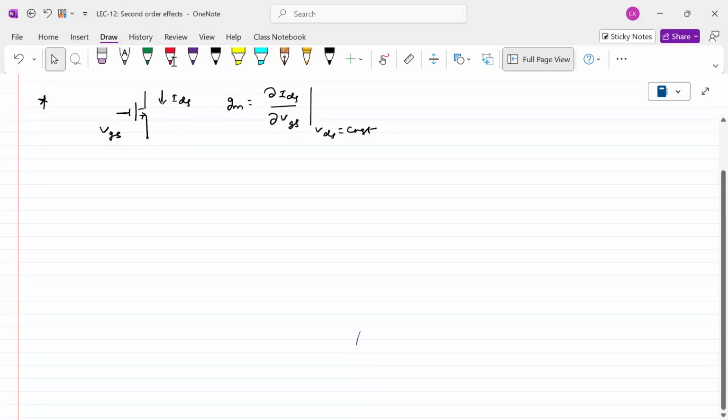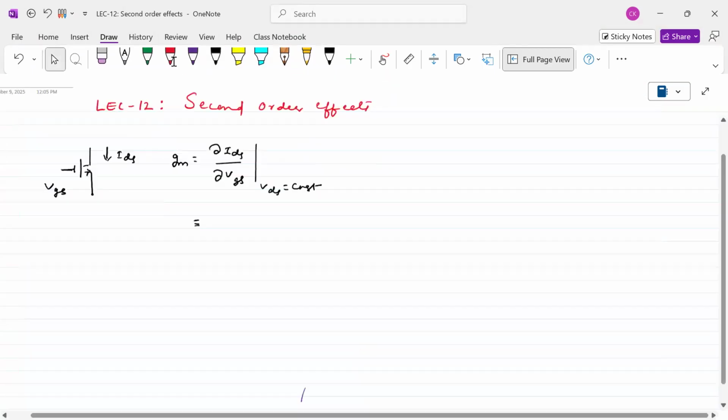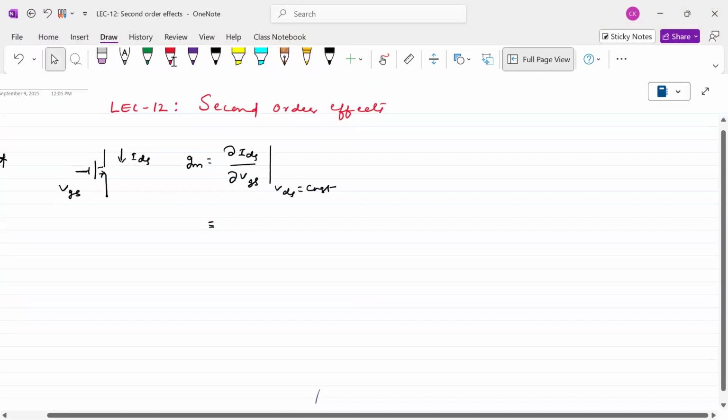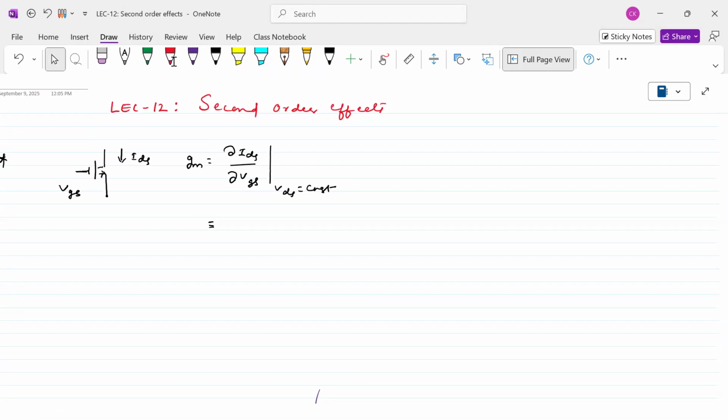So what is the first form that we have seen? Just take the ID in the saturation current equation. Of course, this can be observed in different places, because ID is not only the saturation current; the linear current equation is also there.